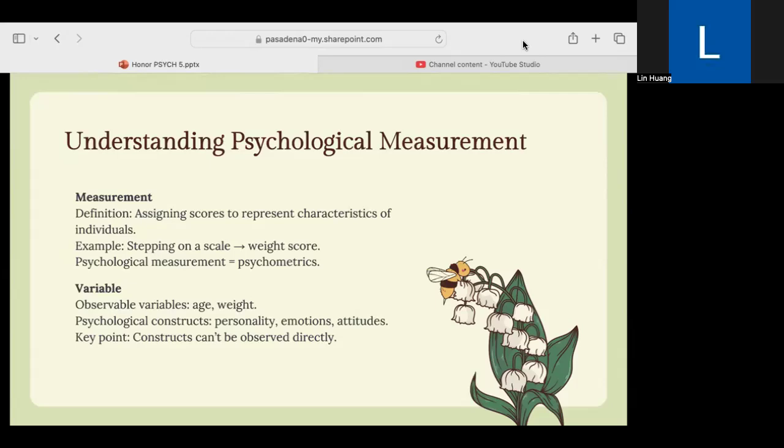And for the variables, we are going to have two types. The first, you can observe it directly. That is called observable variables, such as your age, your weight, and your height.